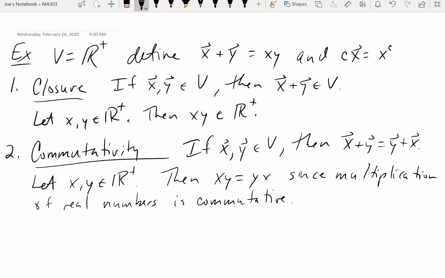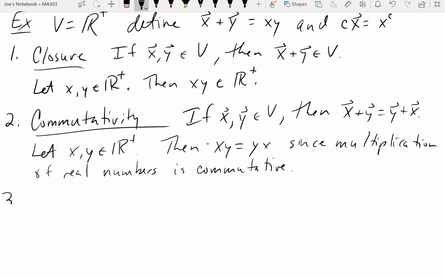So once you get to a point where I'm talking about an operation that I'm familiar with, I'm familiar with real number multiplication. I know that with real number multiplication, I can multiply in either order. That's all I'm stating here. And since that is my operation, I know that my operation is commutative. Does that make sense?